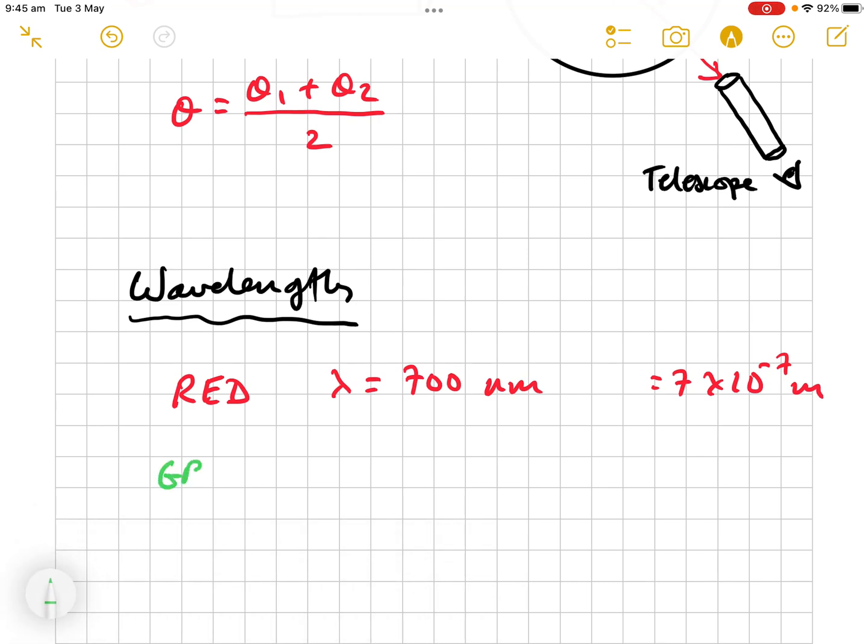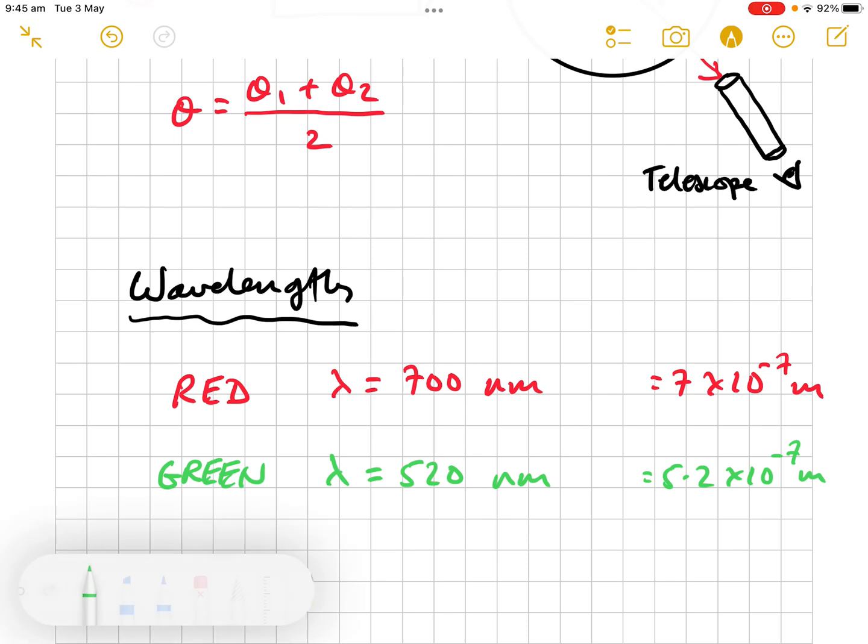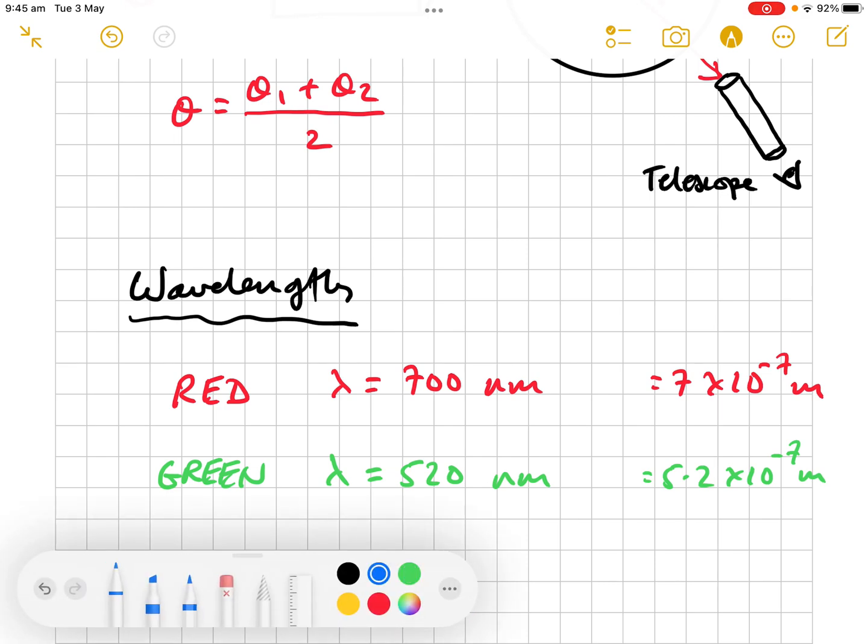Green, in the middle of the spectrum, so its lambda is typically taken as about 520 nanometers or thereabouts. That's 5.2 times 10 to the minus 7 meters.